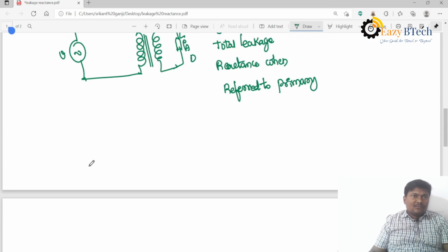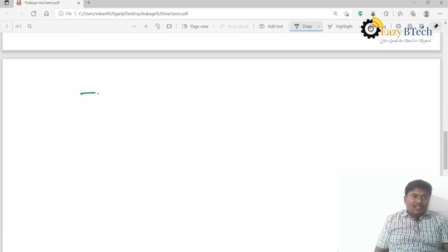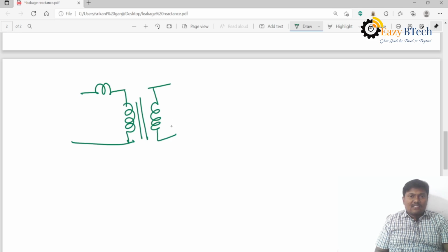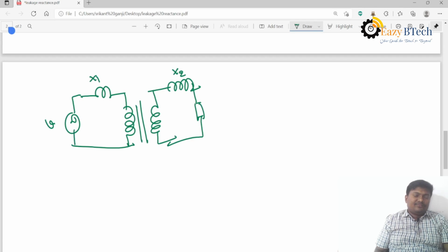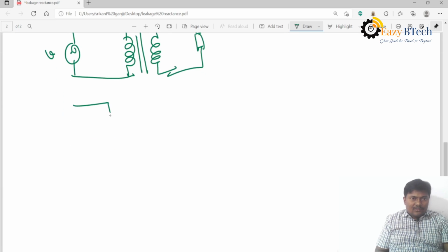Suppose the primary winding leakage reactance is shifted to the secondary side, that will become X1 dash. So now it will be shifted, right?